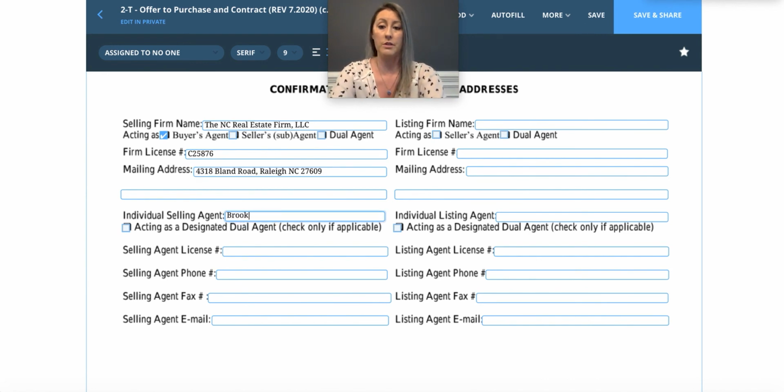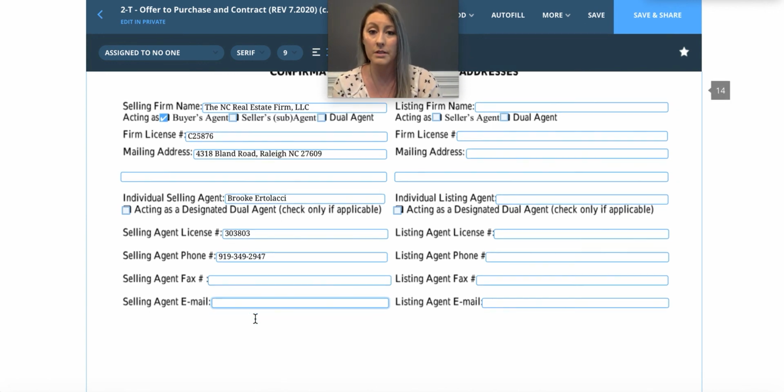You've got to put your name in there so they know who you're dealing with. And selling agent, you've got to put in your license number. I will not put in my phone number. I do not have a fax because I live in 2021. And my email.